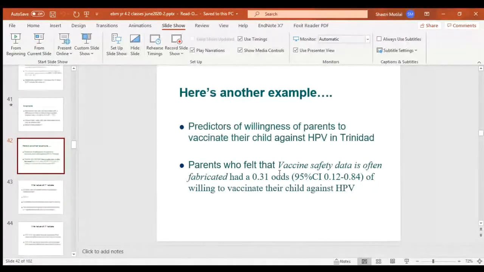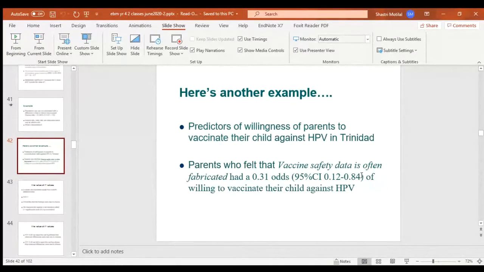It was looking at predictors of parents' willingness to vaccinate their children. We presented this on Research Day, and this was one of the findings. Parents who felt that vaccine safety data is often fabricated had an odds of 0.3, 95% confidence interval 0.12 to 0.84, of willingness to vaccinate their children.